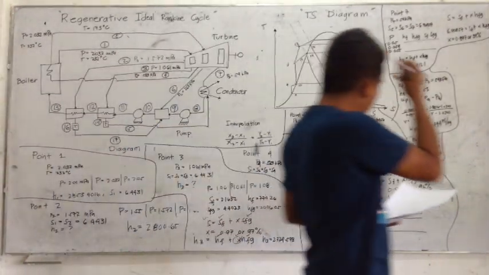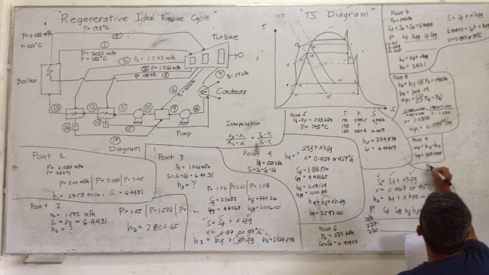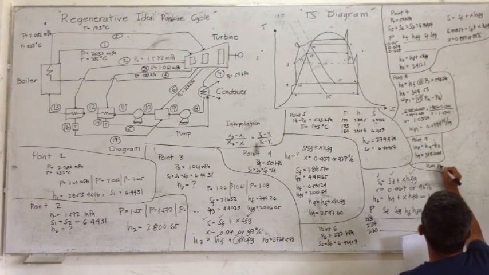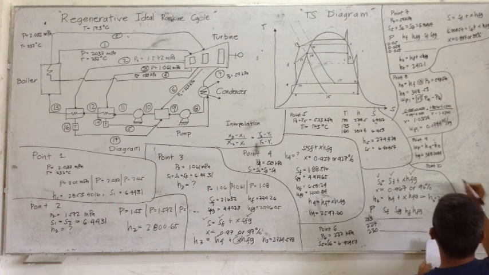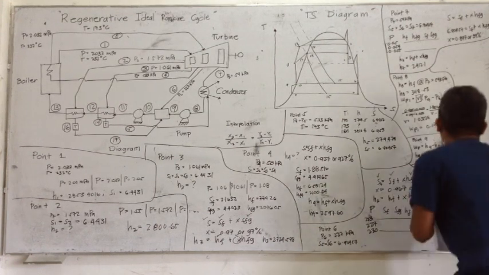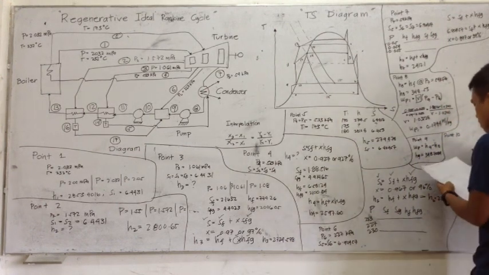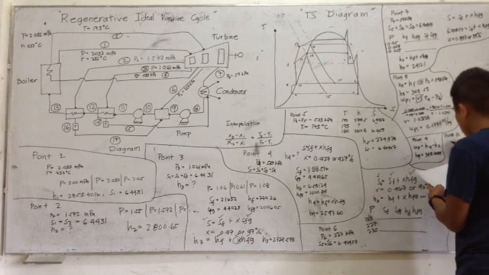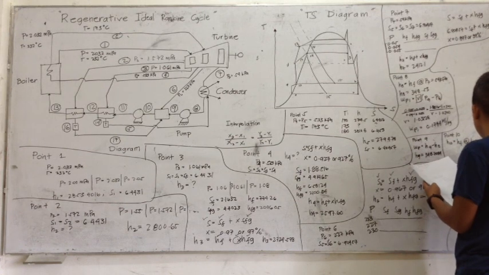Here, at point 10, H10 is equal to HF at pressure 6.